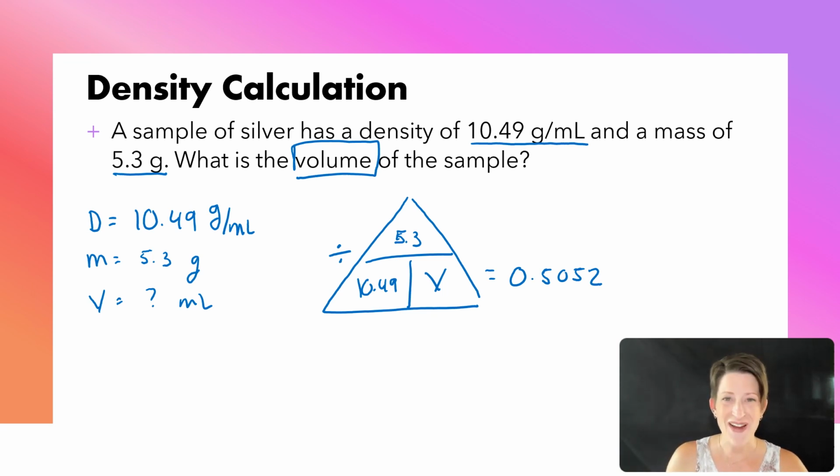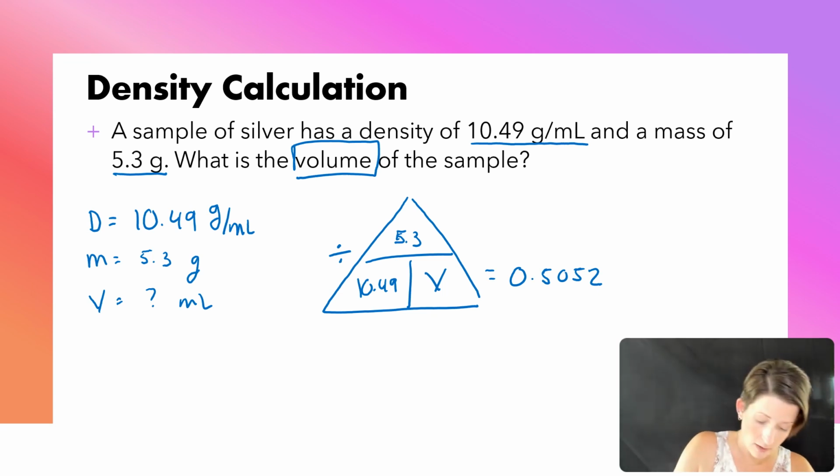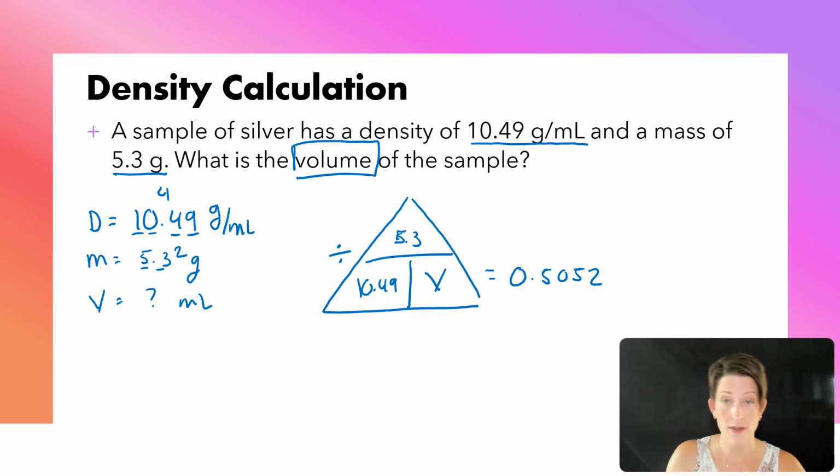Okay, so now I need to go back and determine my sig figs. All right, so I have my density at 4 significant figures, 1, 2, 3, 4. My mass at 2 significant figures, which means my answer can only be to 2 sig figs as well. So we go 1, 2, because we've got to start with the first real number, draw my line, and that 5 does cause that 0 to round up.